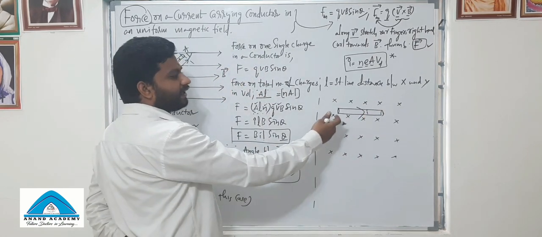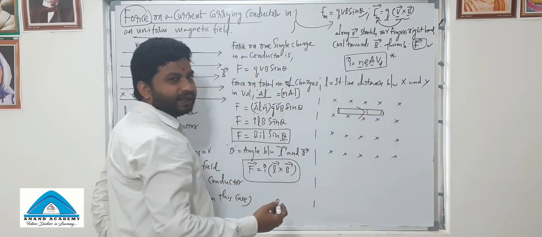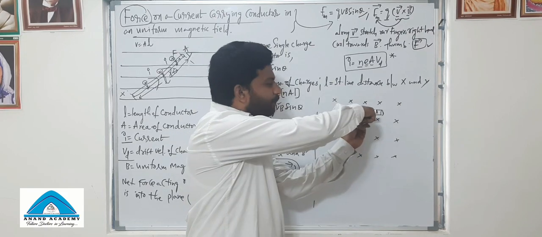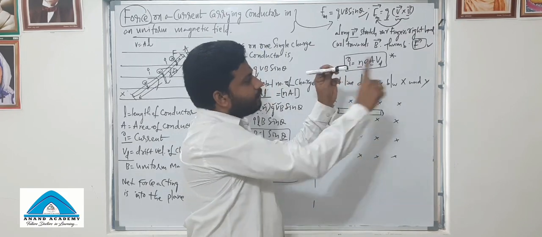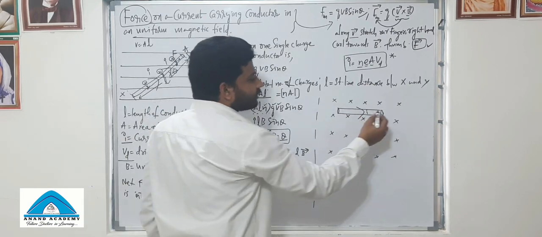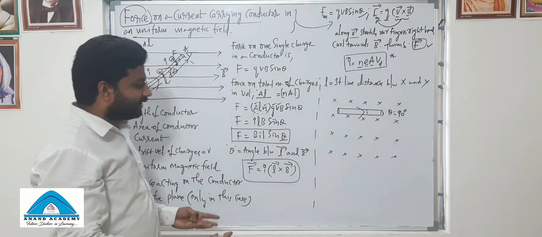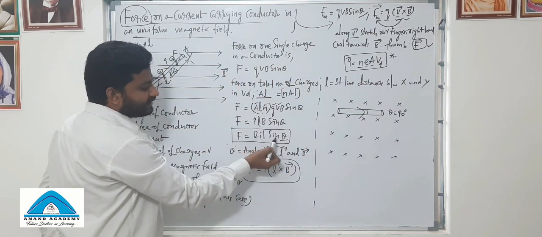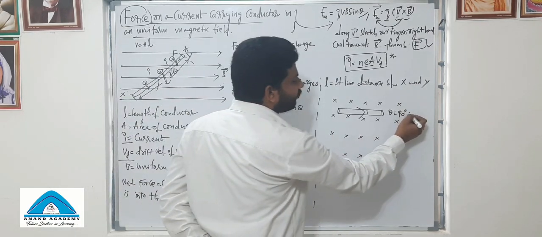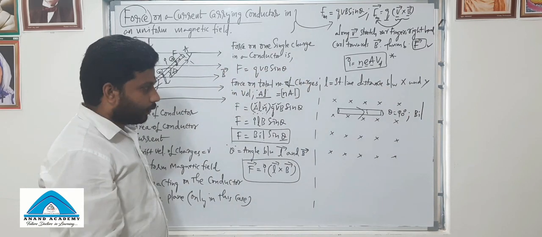So what is the angle between L bar and B bar here? This is L bar and the B bar is into the plane, right? What is the angle between them? 90 degrees. So in the first case, theta is equal to 90 degrees. When theta is 90, what happens here? BIL sine 90 is 1. The force is maximum, yes or no? So the maximum force is BIL.